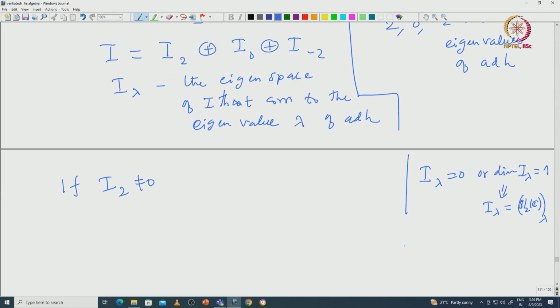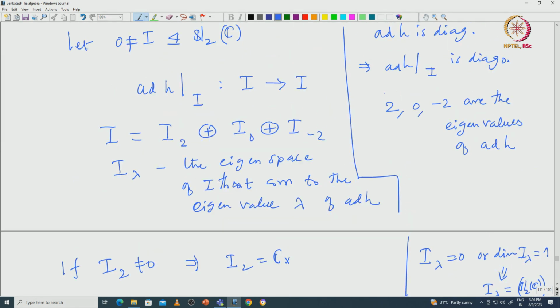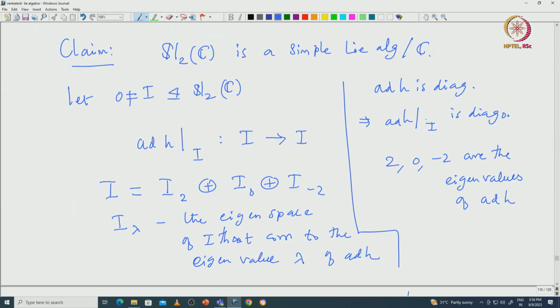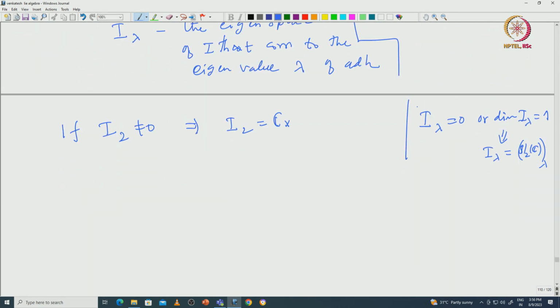Using that observation, if I_2 is non-zero, then I_2 must be the span of x, because x is the eigenvector corresponding to 2. So x must be inside I_2.